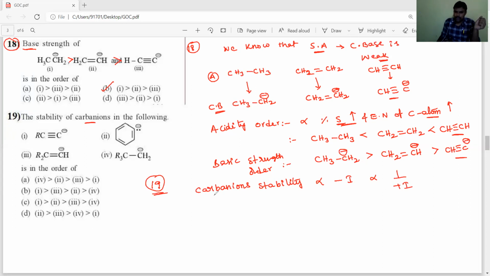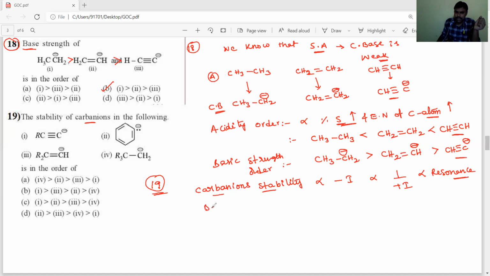This carbanion stability order is also directly proportional to resonance. If resonance structures increase, then the corresponding carbanions are more stable.